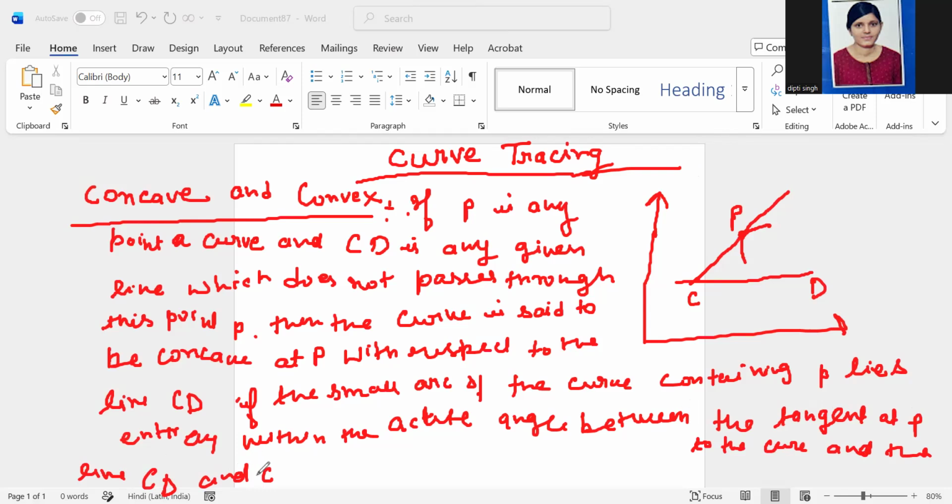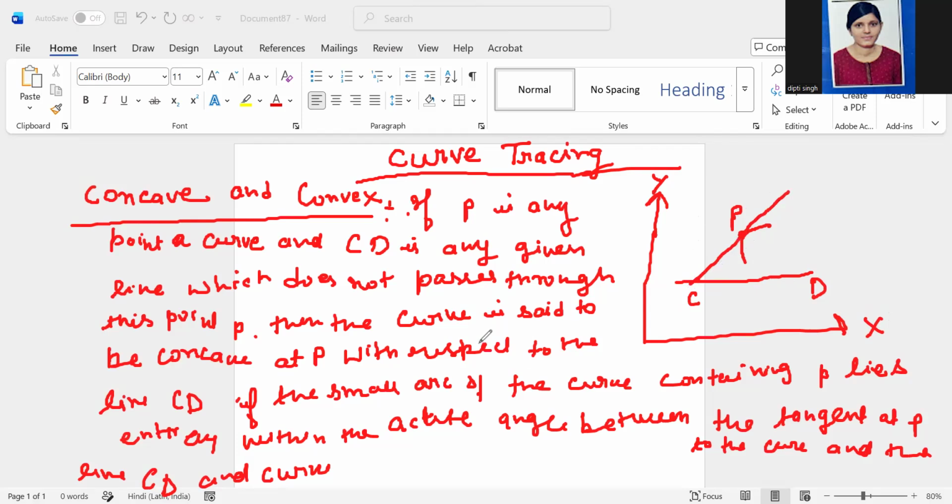So what is concave? As you can see here, this is our coordinate axis, this is the x axis, this is the y axis, this is a curve, and there is a point P. P is any point on a curve, and CD is any given line, which does not pass through this point.